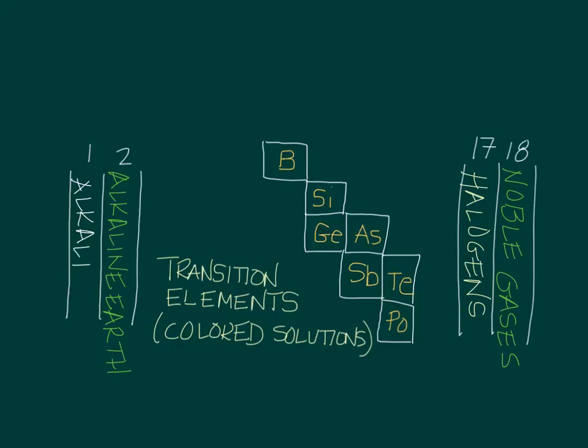Now, we need to know some other things besides that. We need to know some characteristics. So some characteristics of metals would be that they are good conductors of heat and electricity.